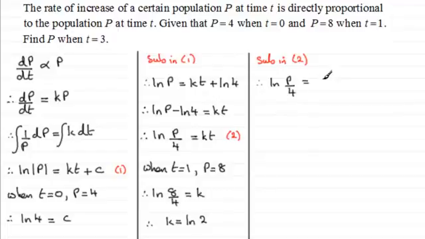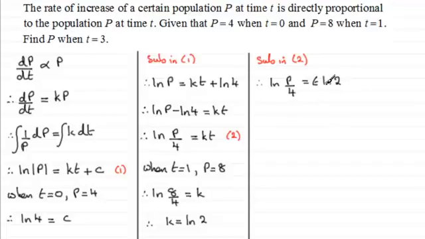Natural log of 2 multiplied by t. Now I don't want to write that because that looks like the natural log of 2t. So I'm going to put the t at the front here. So we'll just rub that out and we'll put t there.